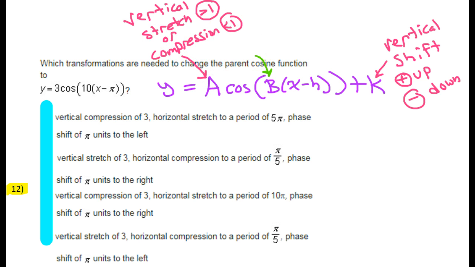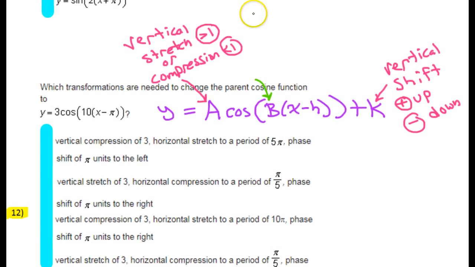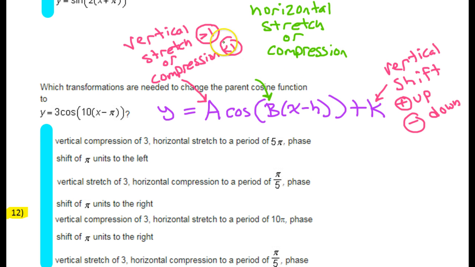Now, this b value is going to be a horizontal stretch or compression. Now, it's going to be exactly the opposite of what I just said.